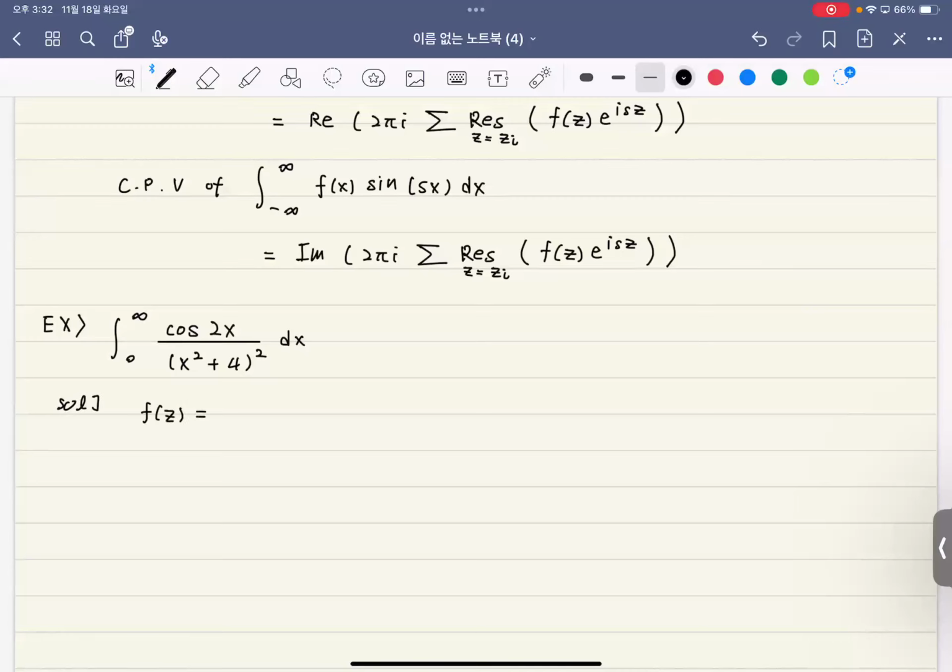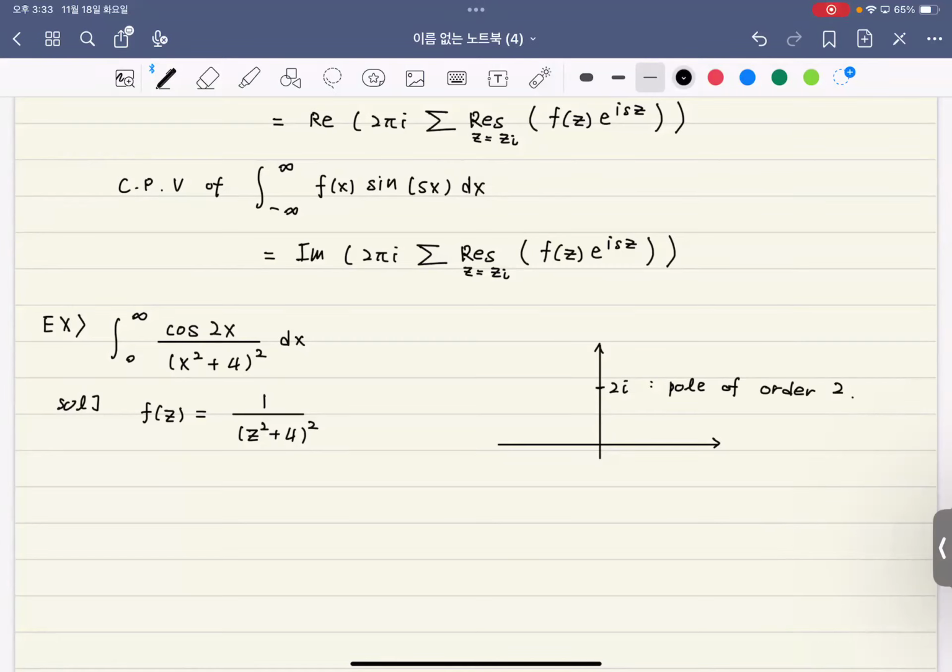In this case, my function f of z is 1 over (z squared plus 4) everything squared. And above the x-axis, I can see just one singularity, which is 2 times i, and this is a pole of order 2.